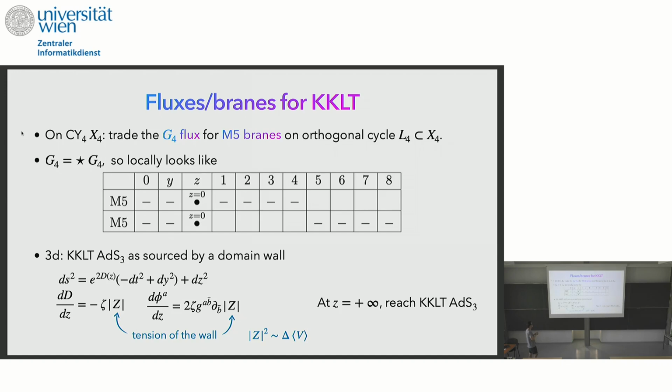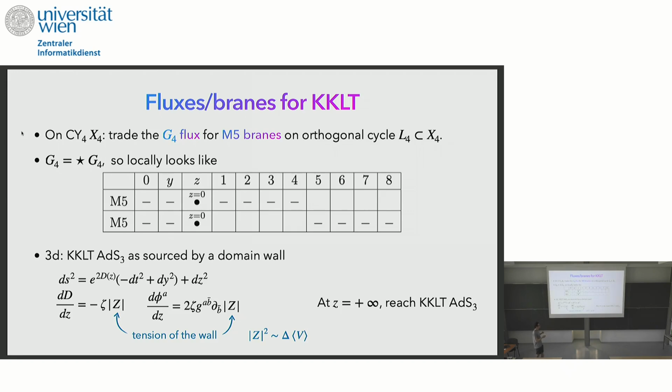The scale factor satisfies a differential equation that depends on the tension of the wall, and the same would happen for the scalars that live on this AdS3. This tension of the domain wall is related to the difference of the vacuum expectation values of the scalar potential on both sides of the domain wall.